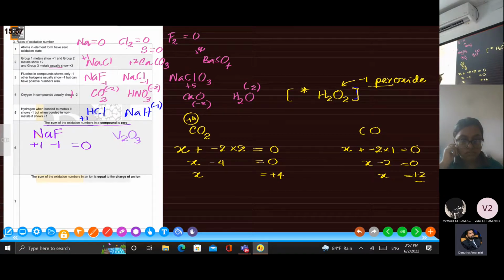Vanadium is X, but there are 2 vanadium atoms, so it's 2X plus -2 into 3 is equal to 0. Then 2X minus 6 equals 0, and X is equal to +6 divided by 2. The answer is +3. That's it.